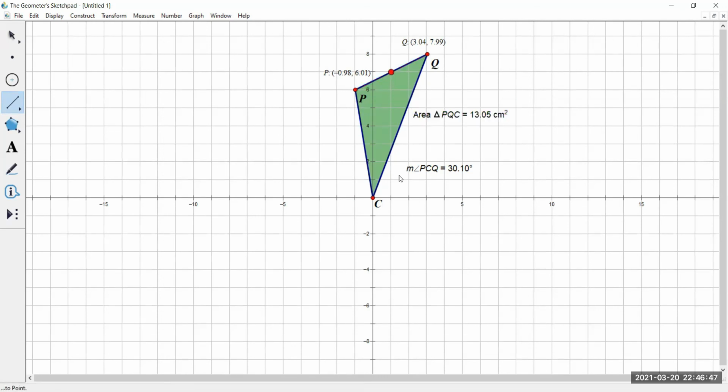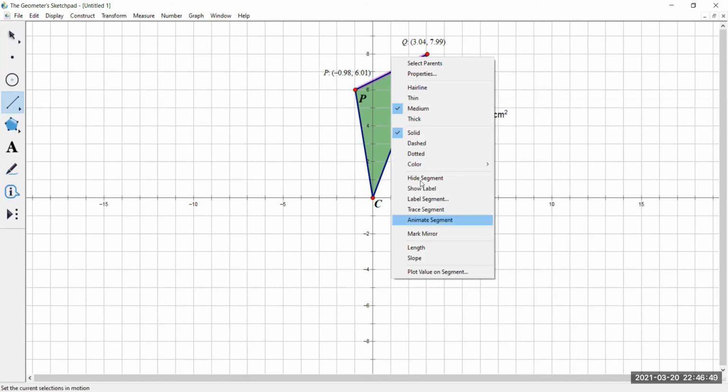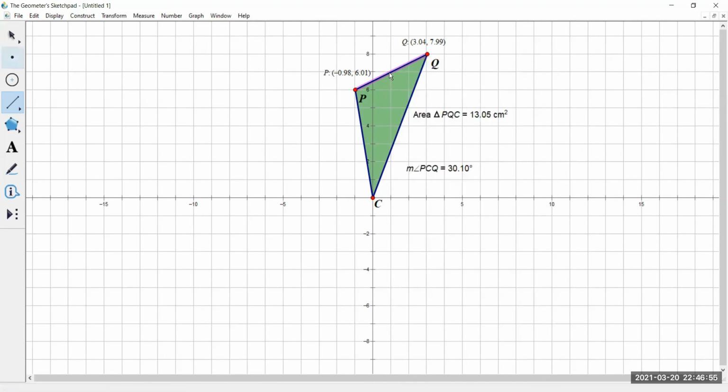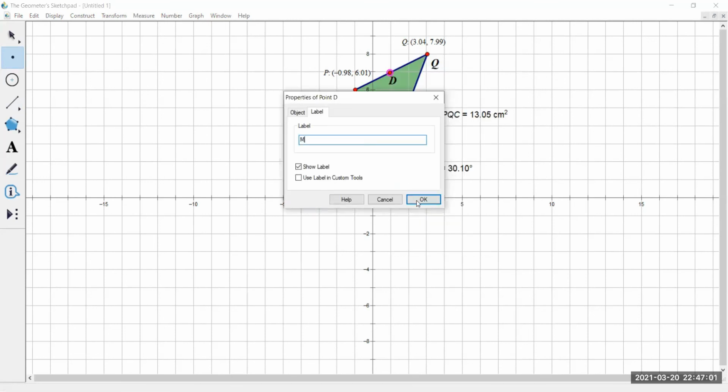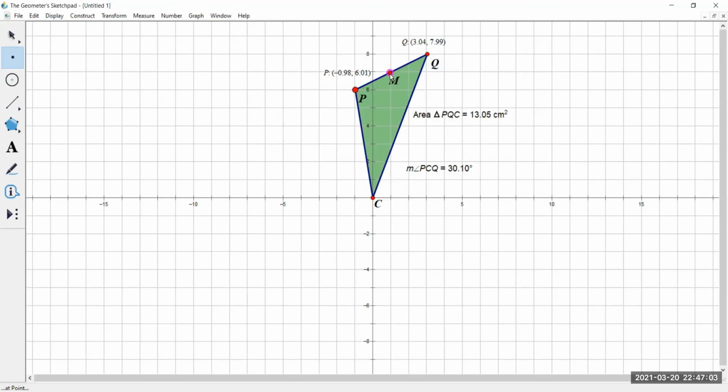Label the point. This is M right here. Makes sense. See there? The distance from here to here is the same as the distance from here to here. That's evident. So indeed, we get the midpoint right.